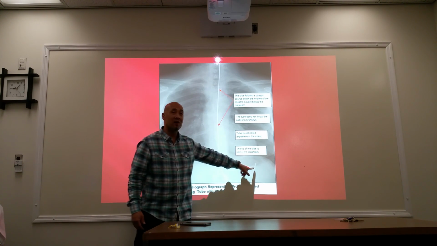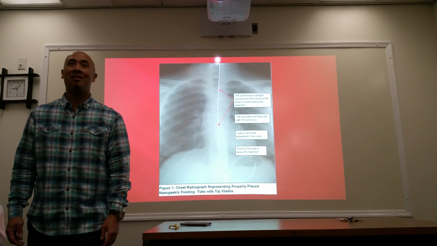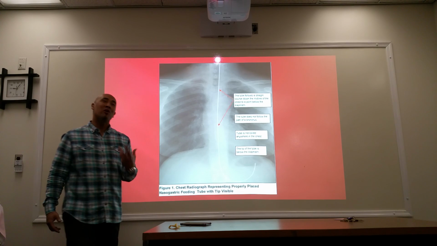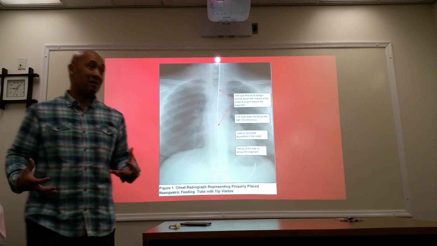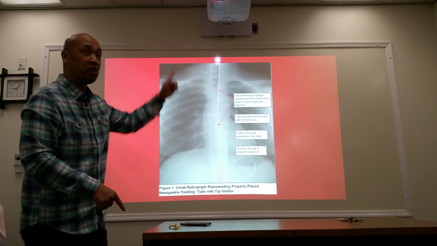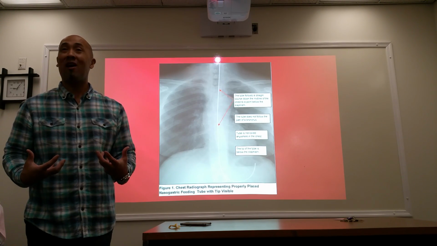And the tip of it is on the left side. Where's your stomach? On the left side. Here's another clue. What do we know about stomach? It's curvy. It has a J shape to it. But your stomach has two different types of contents.